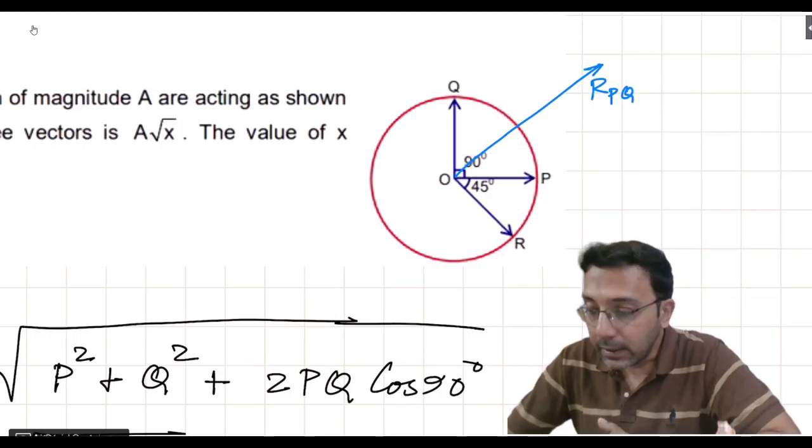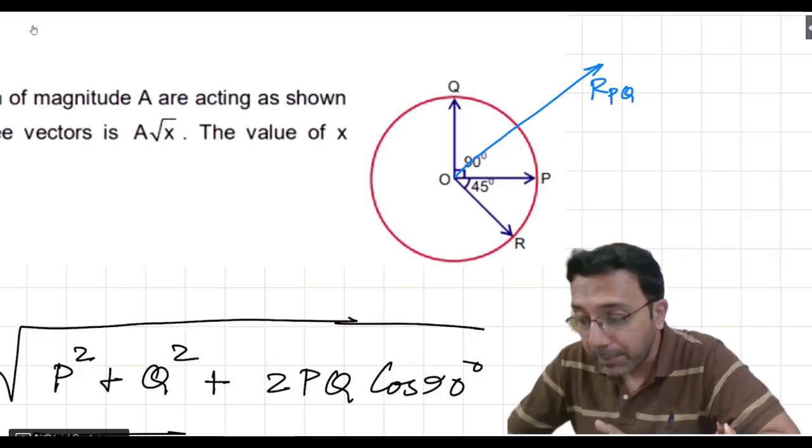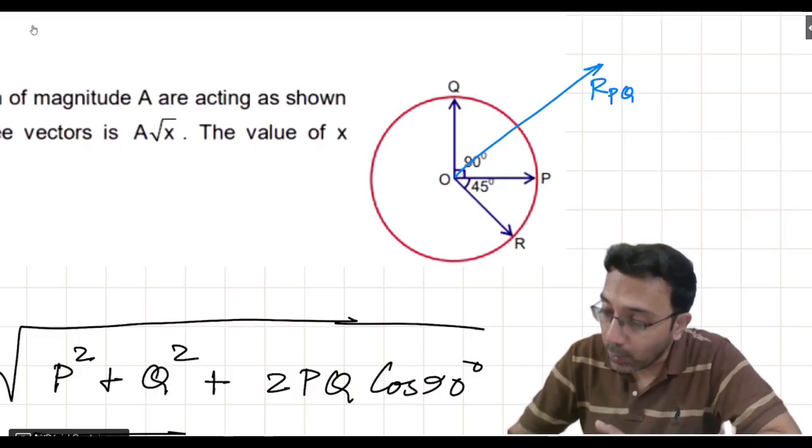Now I have to find the angle between the resultant of PQ and R. So what is the angle?